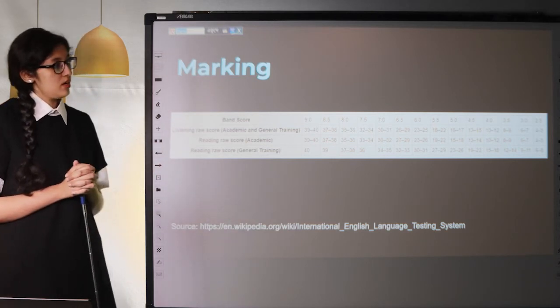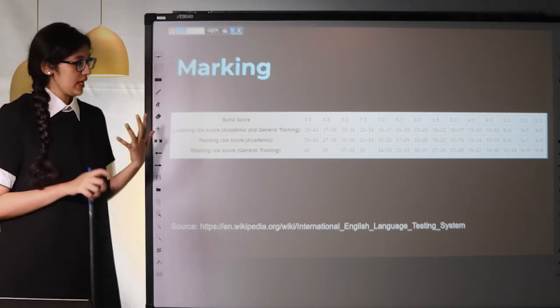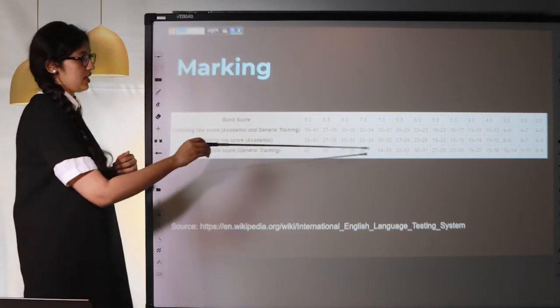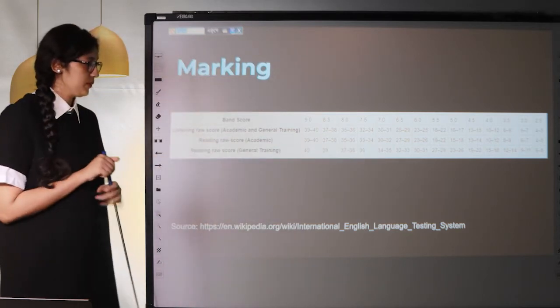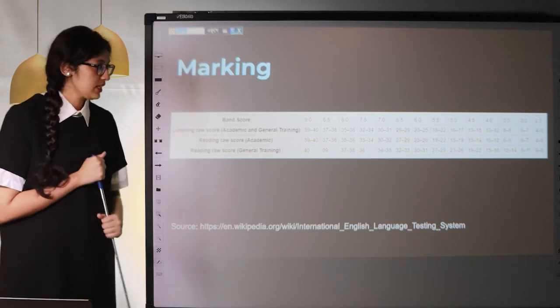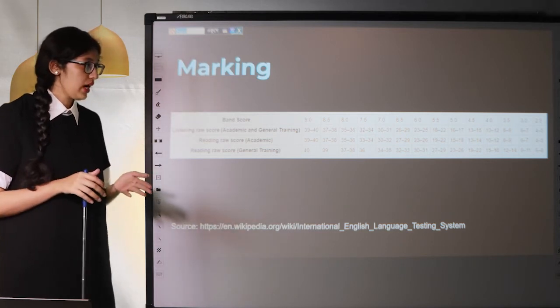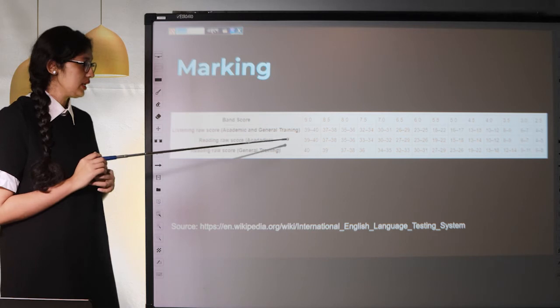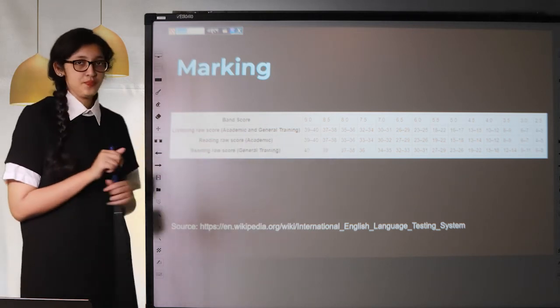So if you get, let's say, a 36 in general training, then that's considered 7.5. But if you get a 36 in the academic reading score, that's considered 8.